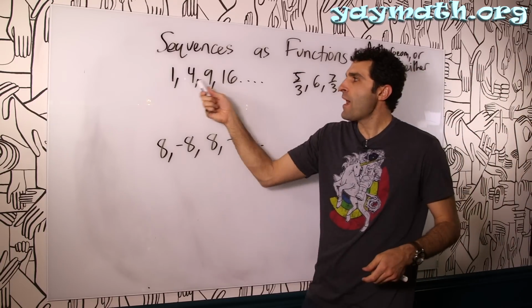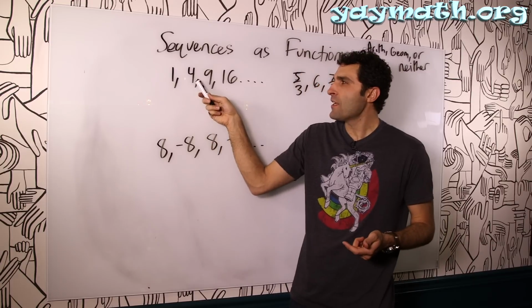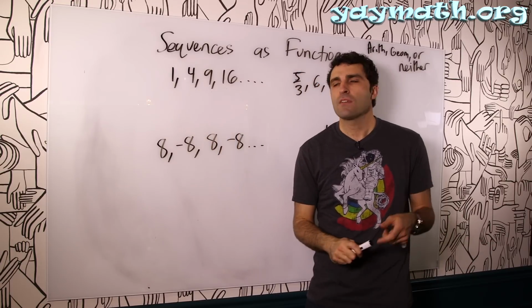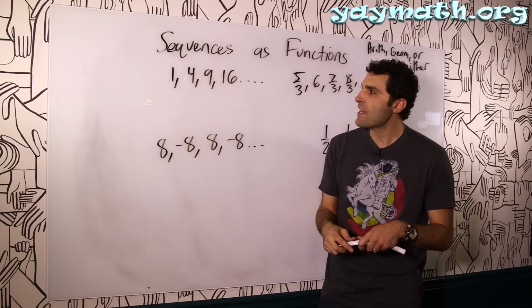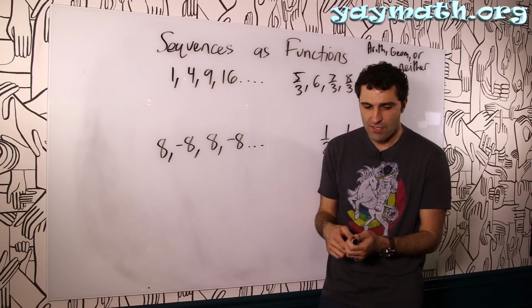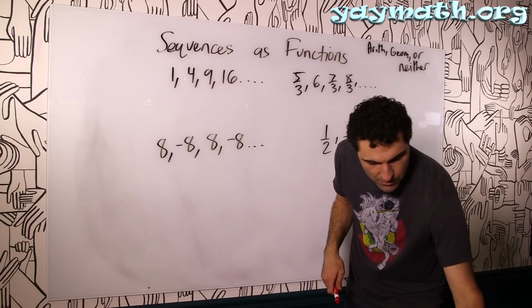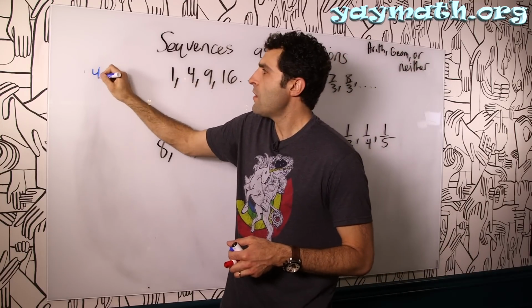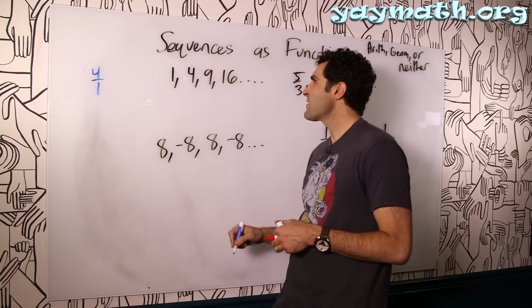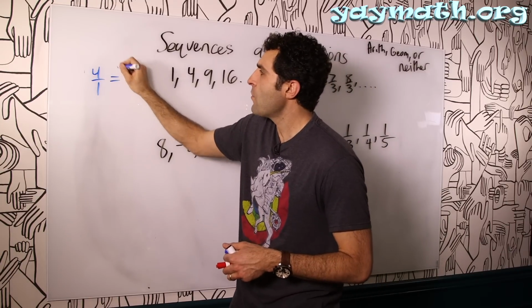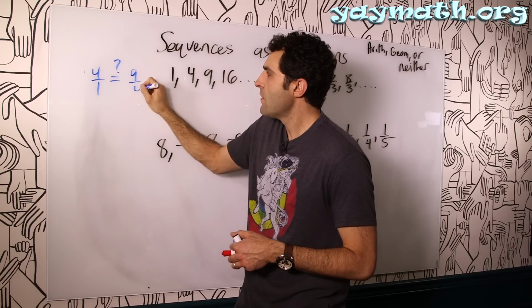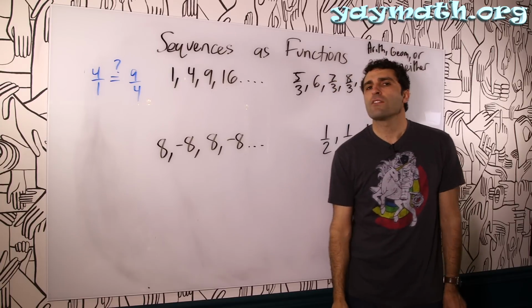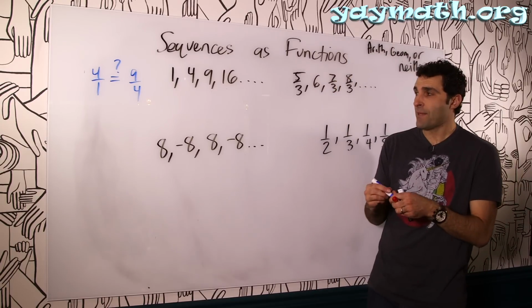Does this progress by addition? Try plus 3, plus 5, plus 7. No. Can we suggest that it progresses by multiplication? Let's try, where's my blue? There's blue. Is 4 over 1 the same as 9 over 4? No. So it looks like we're ruling out arithmetic and geometric.